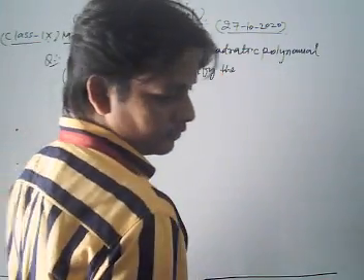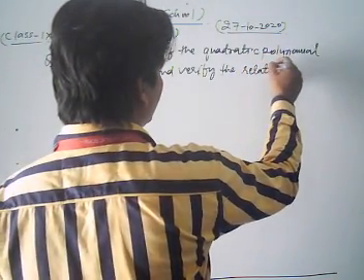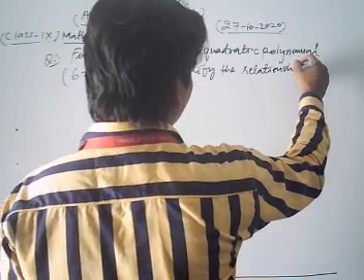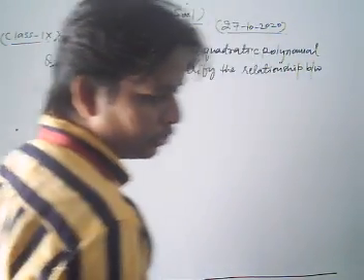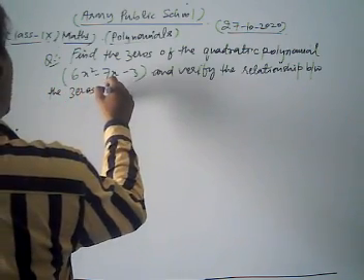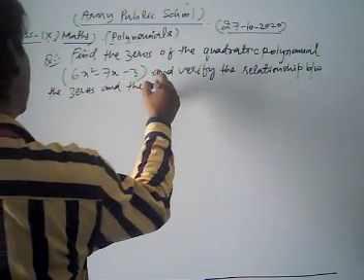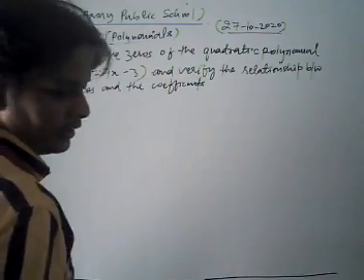the relationship between the zeros and the coefficients.